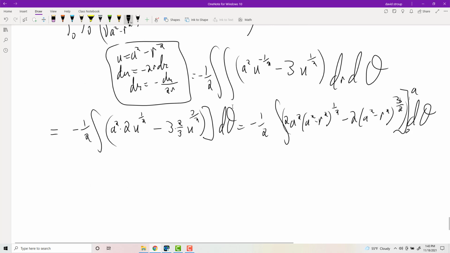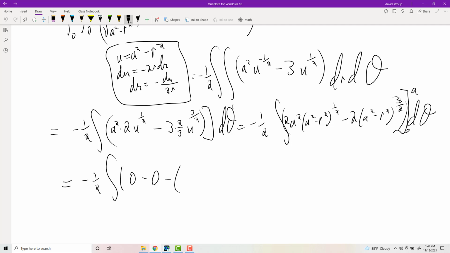Okay, plugging in a firstly, both terms will be 0. And then when you plug in 0 for r squared, the first term will be 2a squared times a, and the other term will be a cubed.